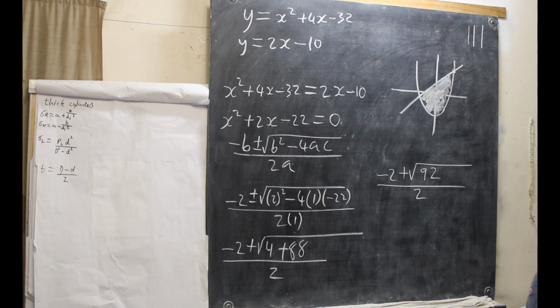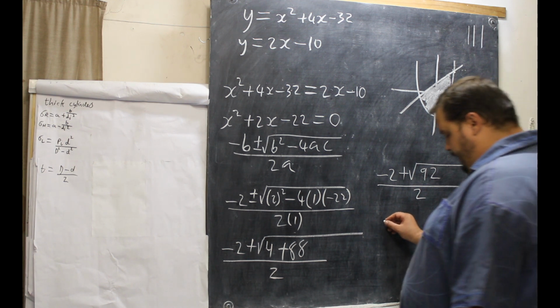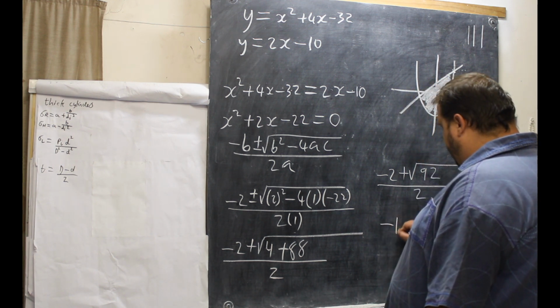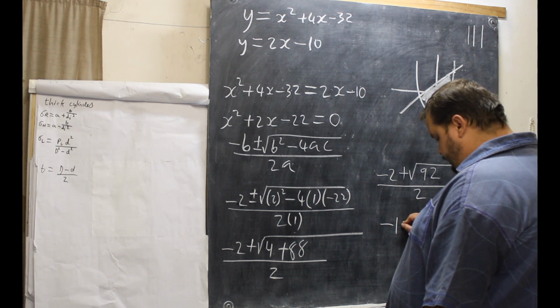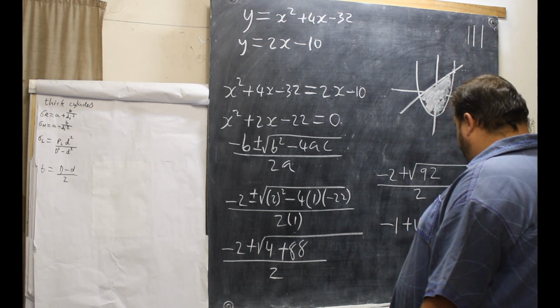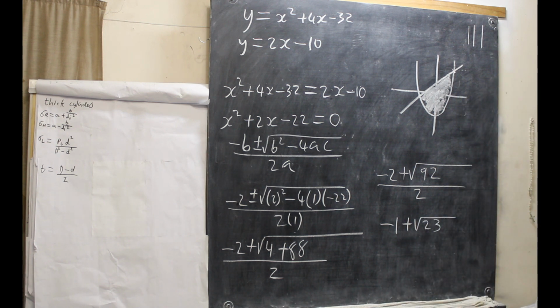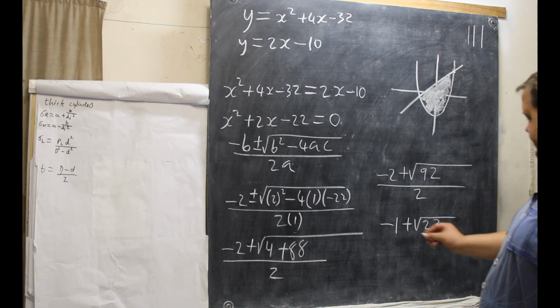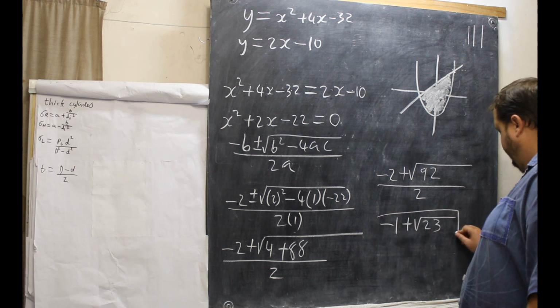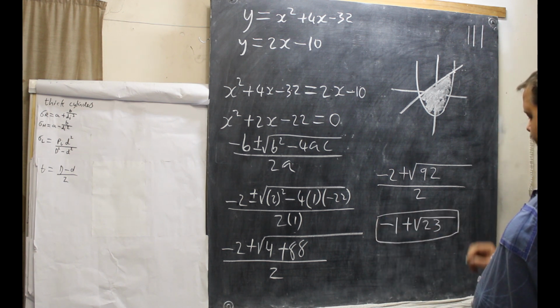Now this can be worked down through mathematics and you get minus 1 plus the root of 23. This is our sum for now. That's what we focus on right now.